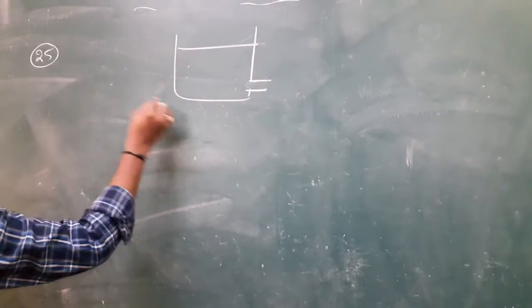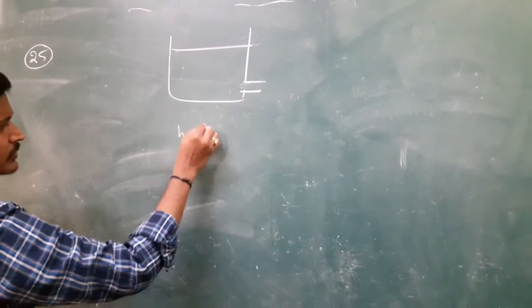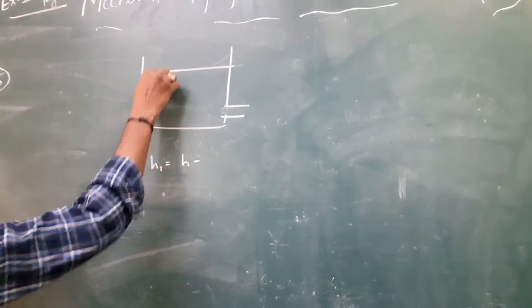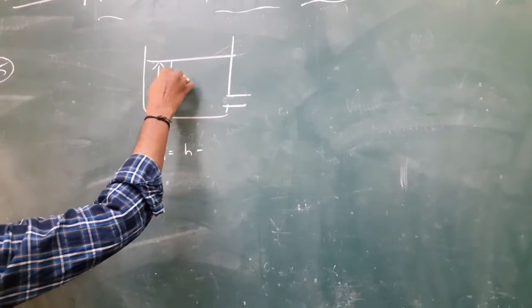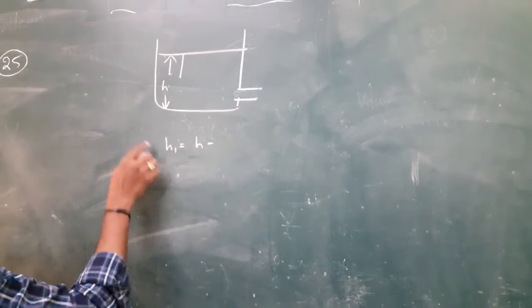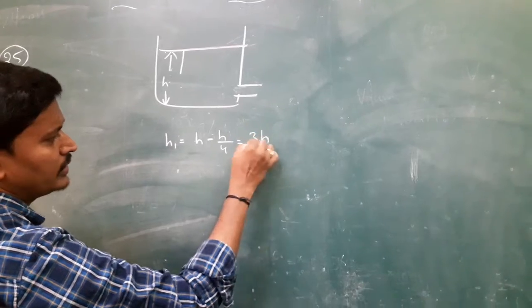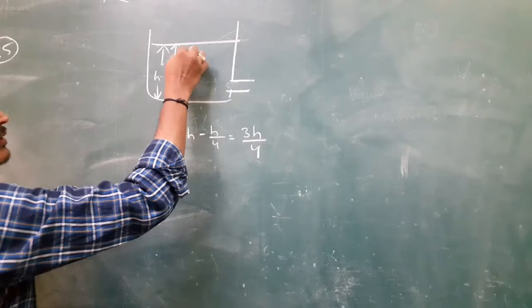Next, 1/4 of the tank is empty in time T1. So the height H1 is equal to the complete height of the liquid, H. Second, it is 1/4 of the tank that is empty, so the next height is H minus H by 4, that is equal to 3H by 4. This is 3H by 4.